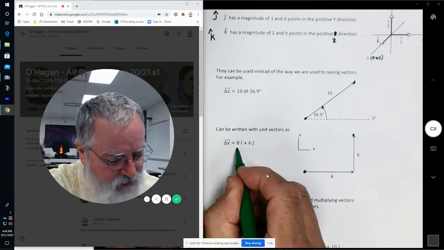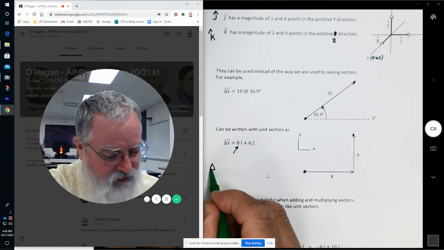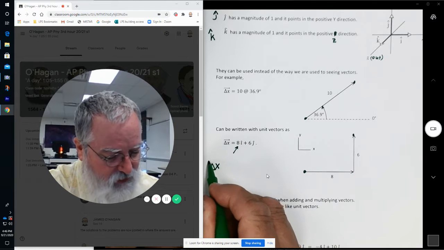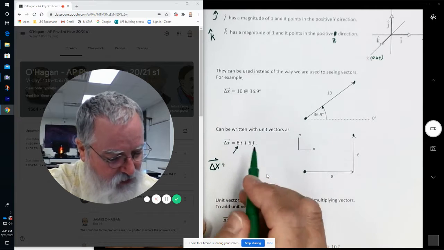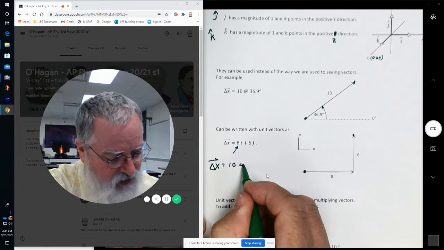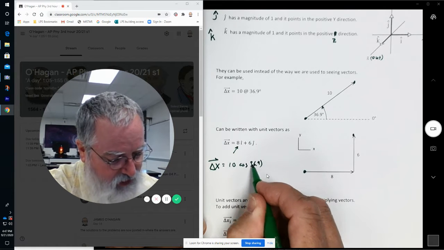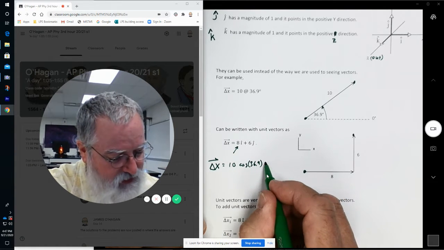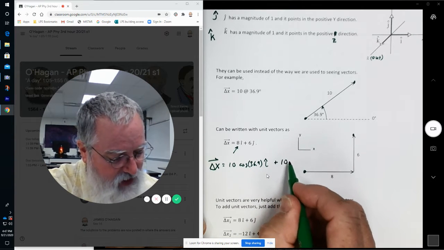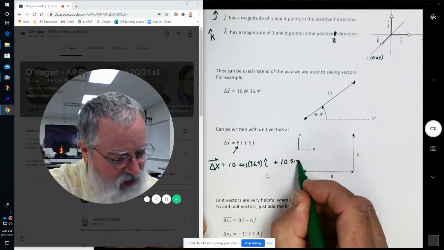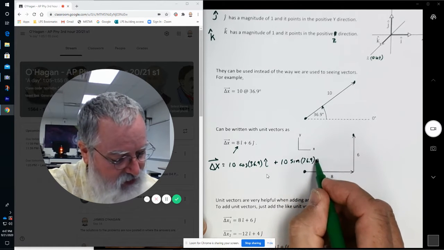And here's what's going on with this 8. Basically, this is saying delta x equals the magnitude, so it's going to be 10 times cosine of the angle, 36.9, and this is in the I direction, plus 10 times the sine of 36.9, and that's in the J direction.